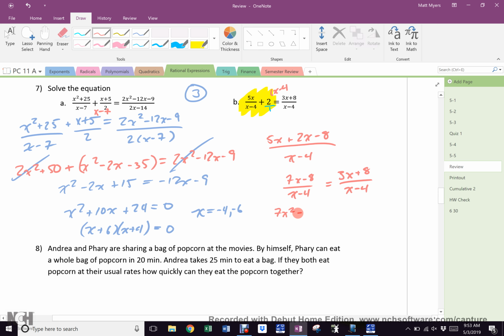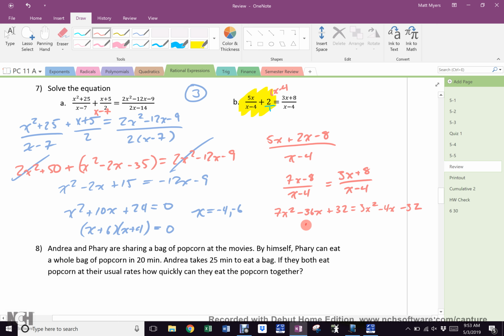7x squared minus 36x plus 32 equals 3x squared minus 12x plus 8x minus 4x minus 32. Right? And then what would we do there?